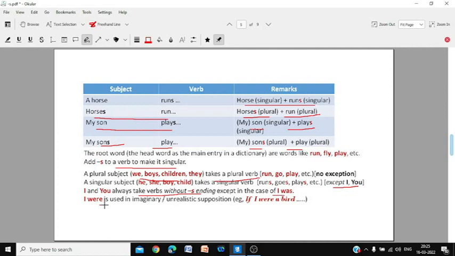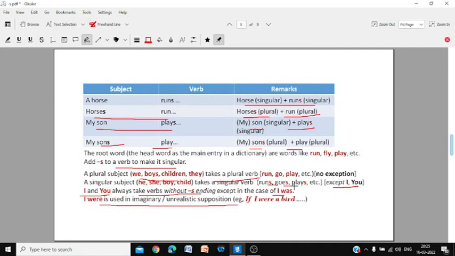I was is used in imaginary suppositions or unrealistic imagination, if I were a bird. But otherwise we say I was going, I was a boy. So except that, you and I will always take a verb without the ending S, but in all other cases, he, she, the boy, the child, Tom, Sita, they always take a singular verb, means with S.